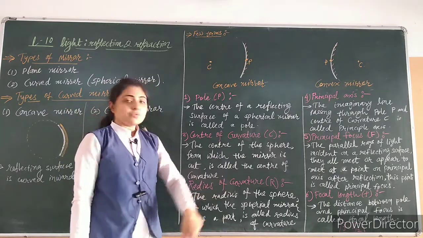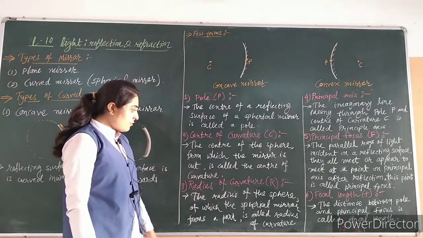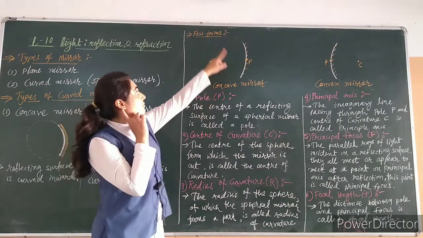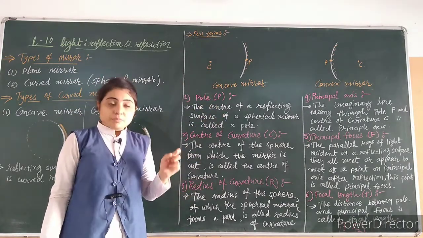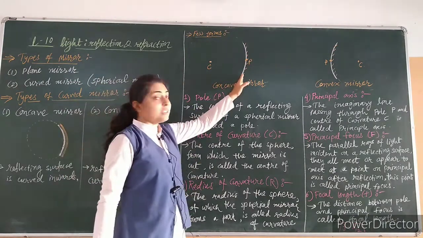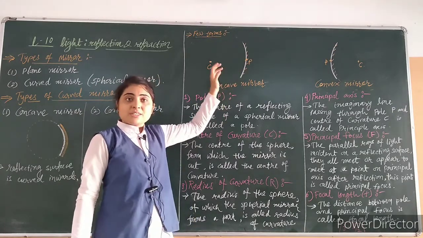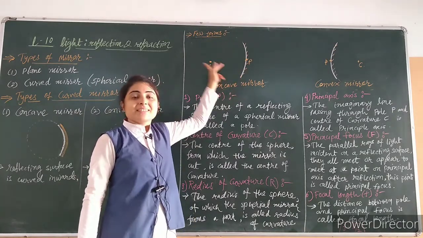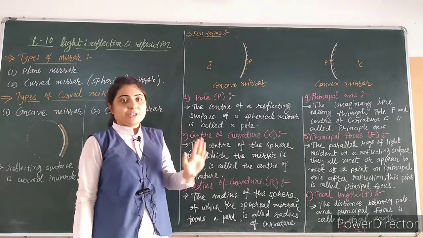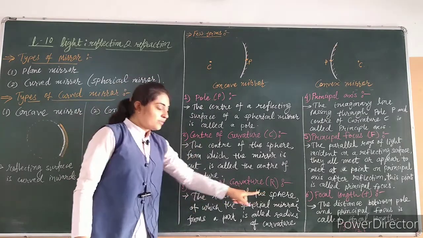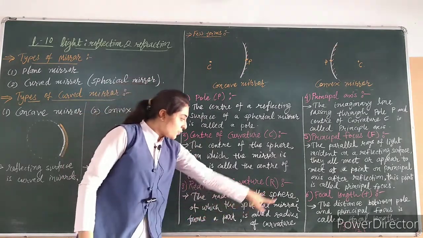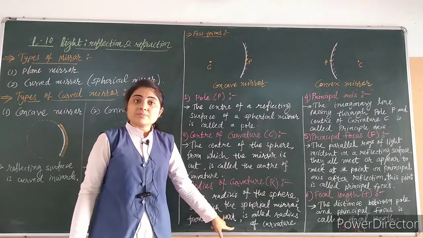Next, radius of curvature. How can we define it? Our mirror is a part of a sphere, and that sphere has some radius. That radius will be the radius of curvature. So, the radius of the sphere of which the spherical mirror forms a part.